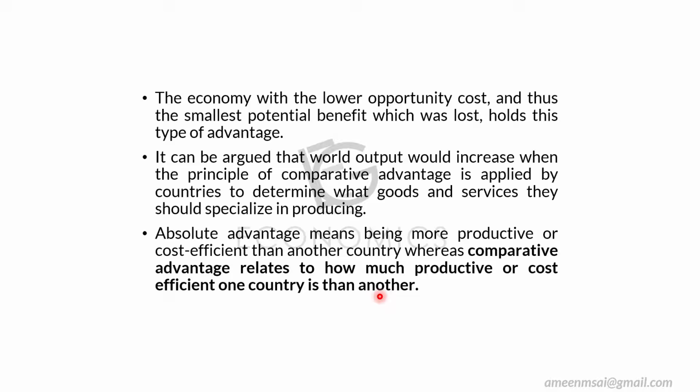What does the comparative cost advantage theory say? It compares one country with another. Are we more productive or more cost efficient in producing this particular commodity? Or are we not productive or cost efficient in producing this commodity? With this comparison, we finally decide what to produce and what not to produce.